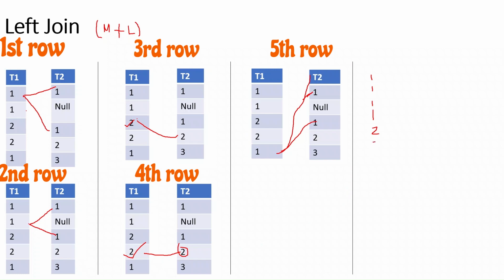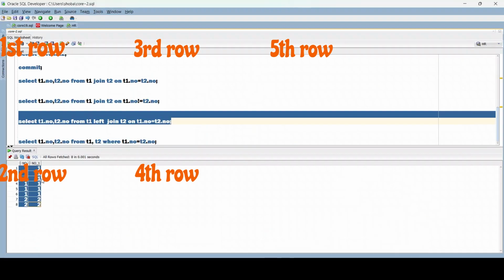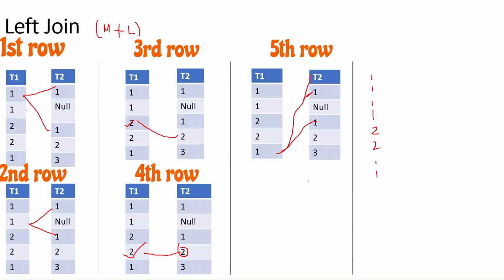Then the fourth row is matched only one time in the second table, take the 2. Then the fifth row. The fifth row is from table 1, and 1 is present. Here 2 rows matched 1, just take that 1 1. Now just verify with Oracle SQL Developer, you can get the same result that we got in the explanation.